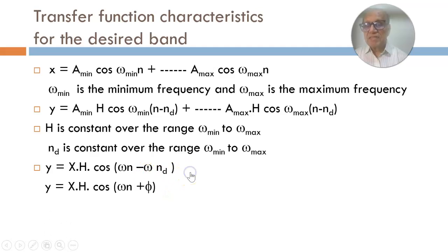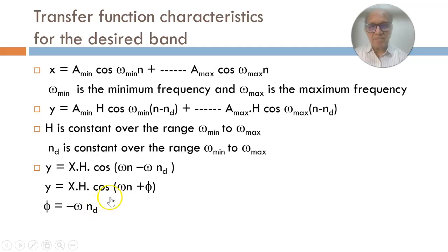So it is this minus omega nd which corresponds to the phase angle phi. What this tells us is that the transfer function of the filter should be such that over the pass band of interest, its magnitude should be independent of frequency and its delay should be independent of frequency. In other words, its phase angle should be linearly related to the frequency.